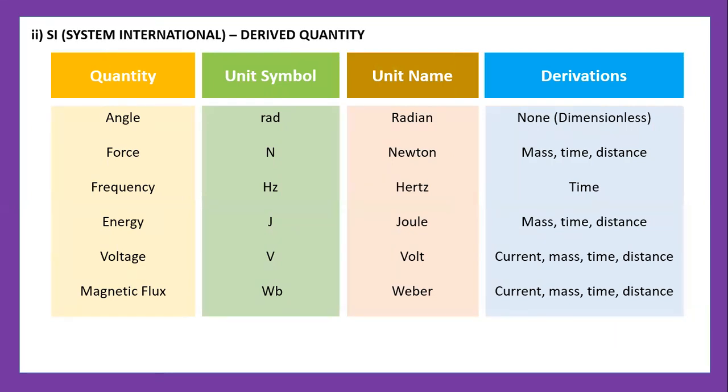And we have energy, the unit symbol is J, which represents joule, and the derivation is from mass, time, and distance. And voltage, the unit symbol is V, the unit name is volt, derived from current, mass, time, and distance. And finally, we have a quantity like magnetic flux. The unit symbol is Wb, which represents Weber, derived from current, mass, time, and distance.